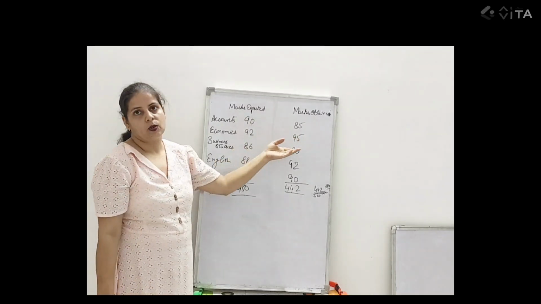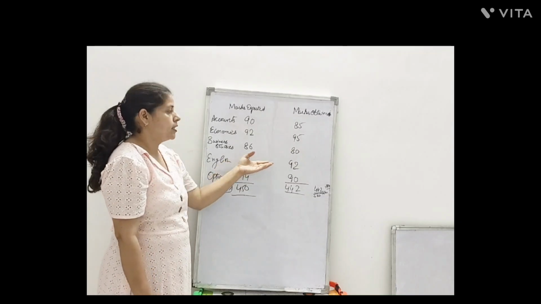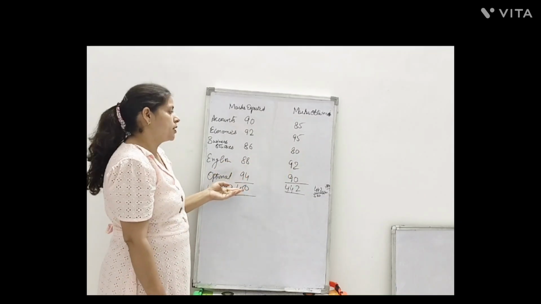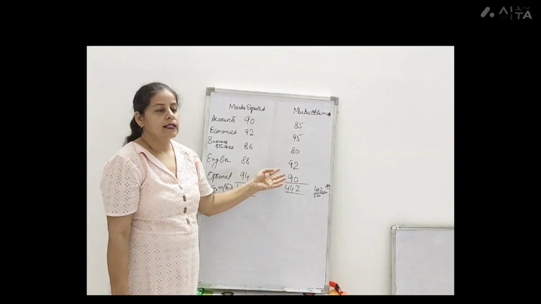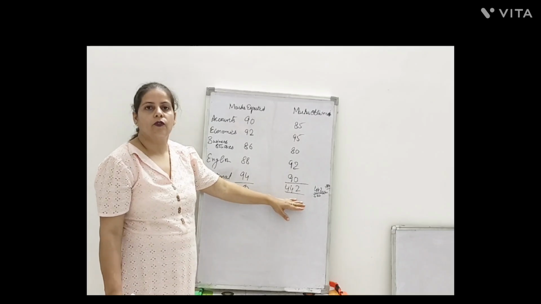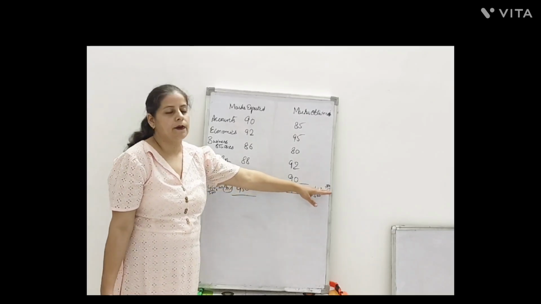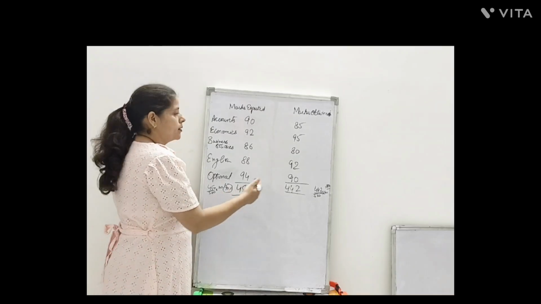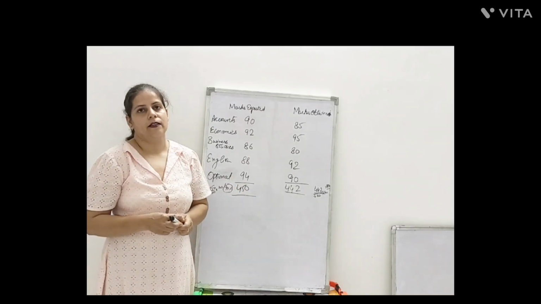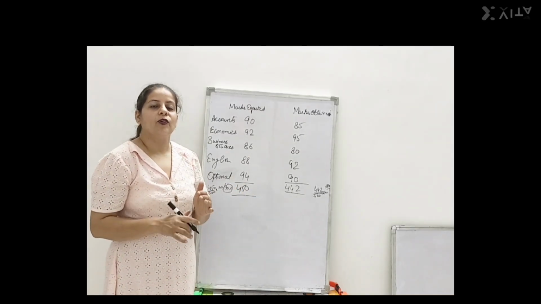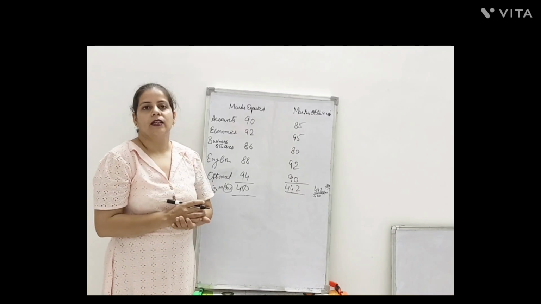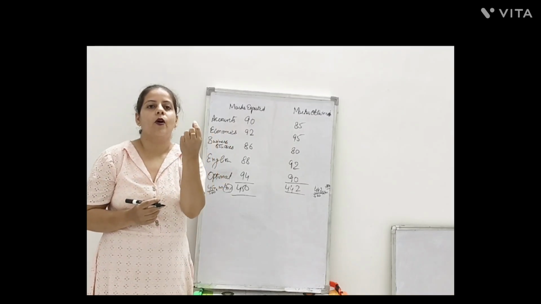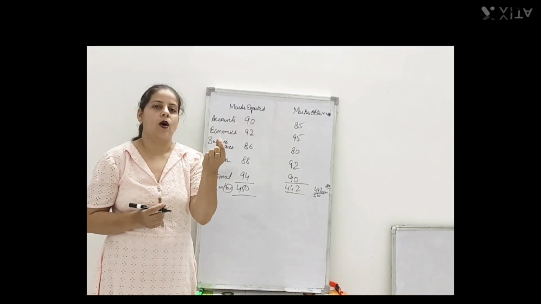In business studies he scored less. In English he scored better, but in optional again he scored less. Somehow his total came out 442, which is 88.4%. Now 90% or 88.4%, you can judge that for a higher scoring student every percent is countable.